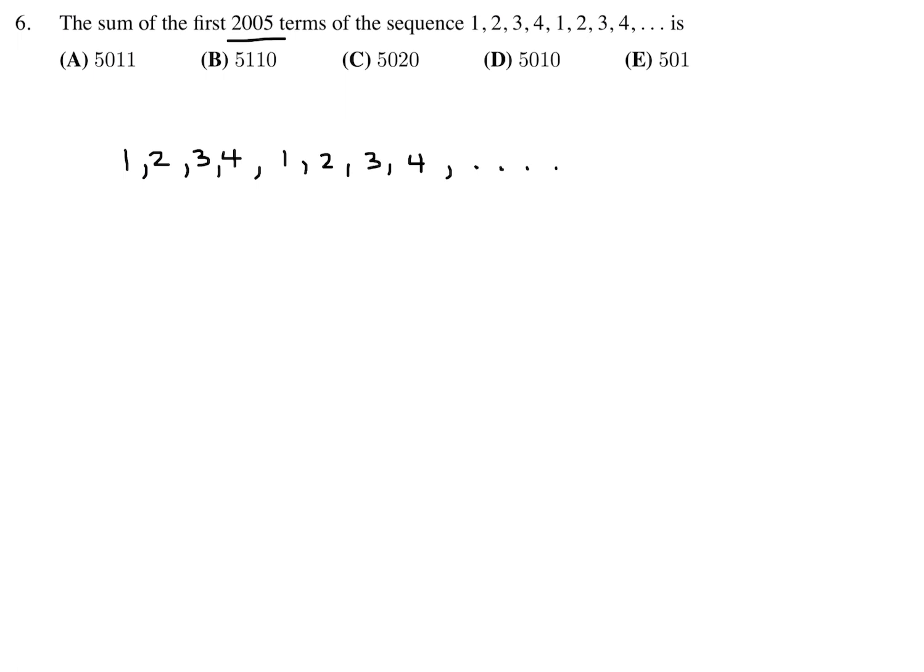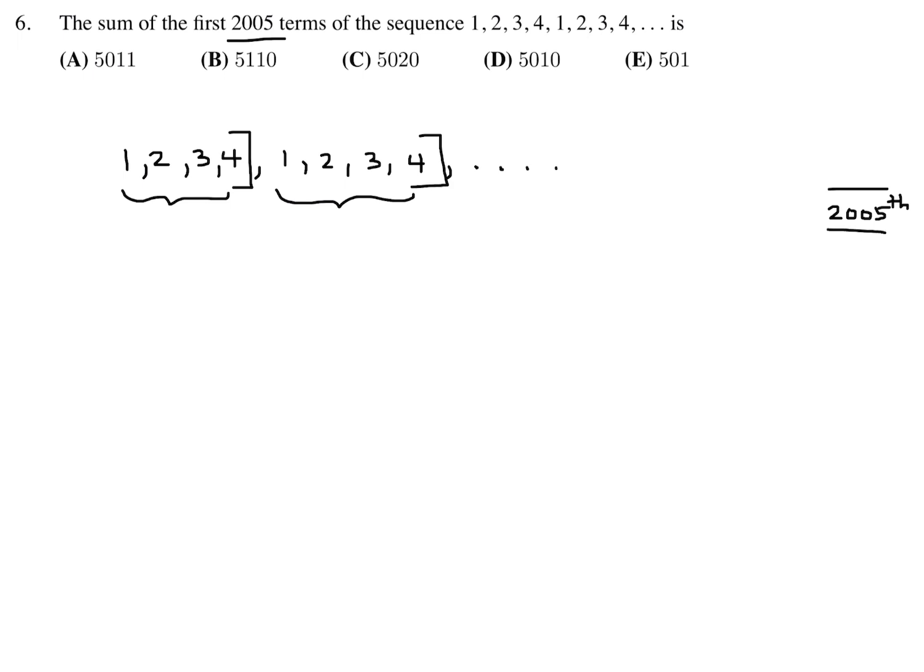So this keeps on going until you get to the 2005th term. Obviously, you're not going to write them all out, so we have to figure out what the term there is. These are groups of 4, correct? So every fourth term, the 4th term, the 8th term, and so on, will end a group.